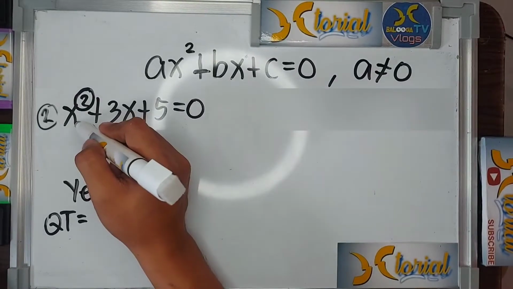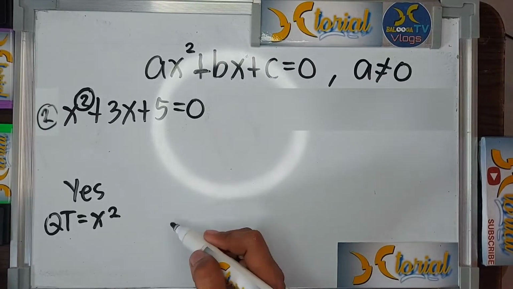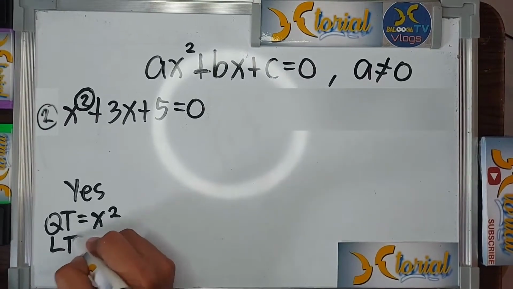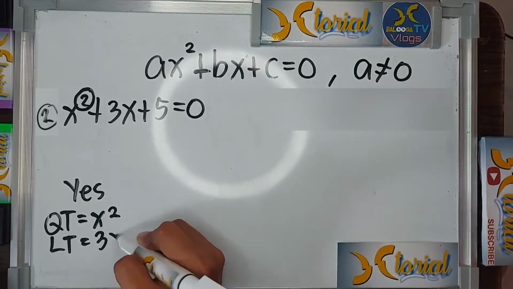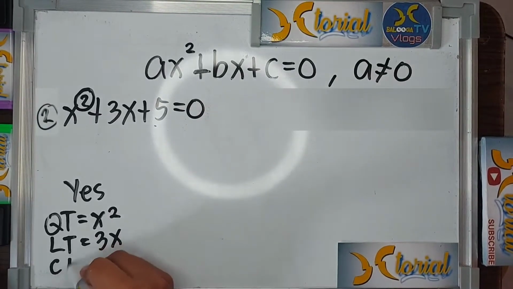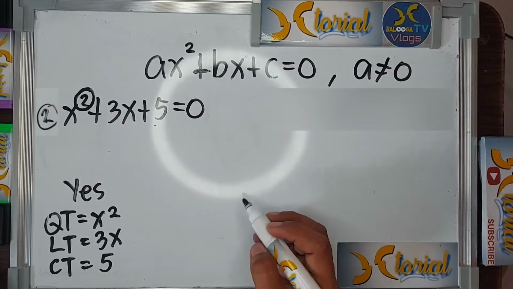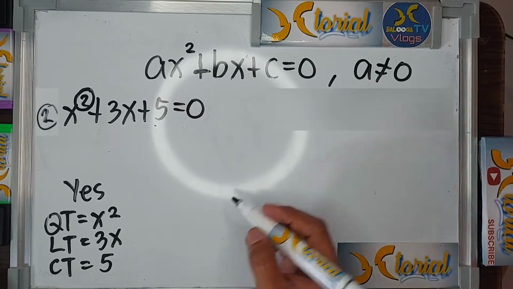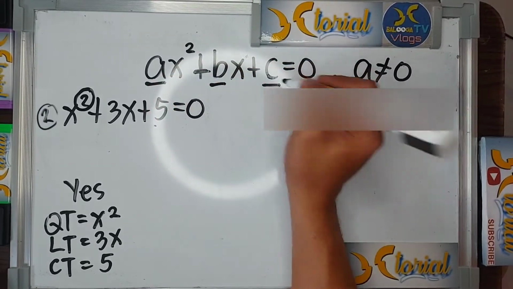Ang quadratic term natin ay x squared. So, ang linear term natin ay 3x. Ang constant term natin ay 5.